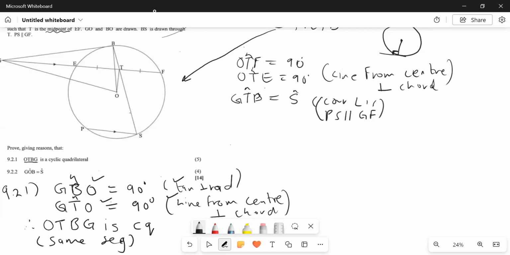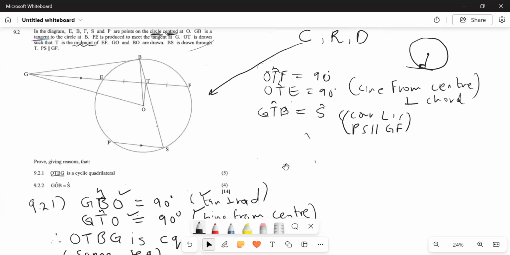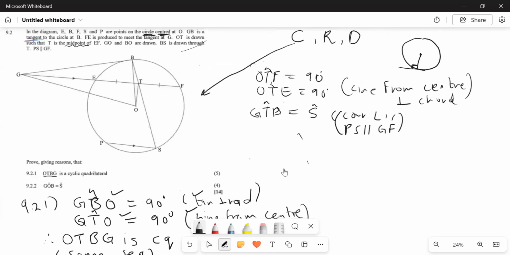Let me just move this a bit. Yeah, that's proper. That angle there, which is BOG, and BTG are equal, right?